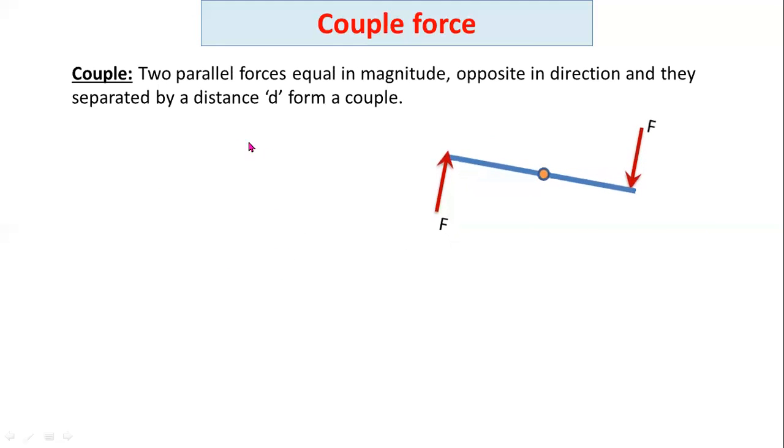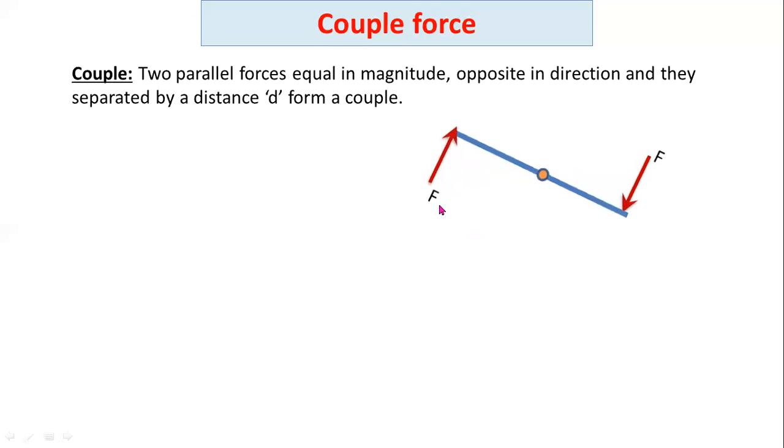Two parallel forces equal in magnitude, opposite in direction, and separated by distance d form a couple. Here the distance between this force and this force is small d. These two forces are parallel to each other.